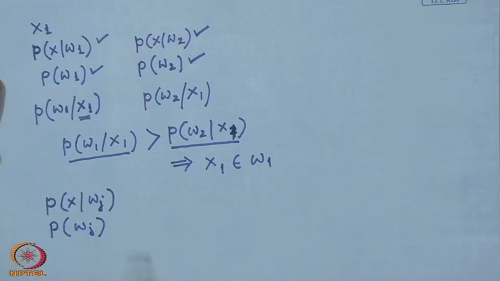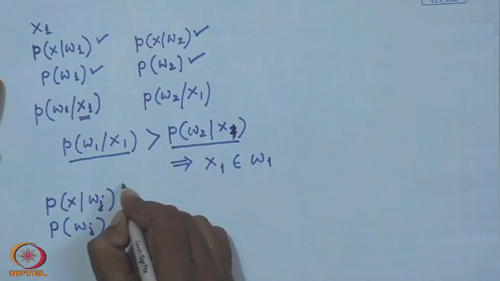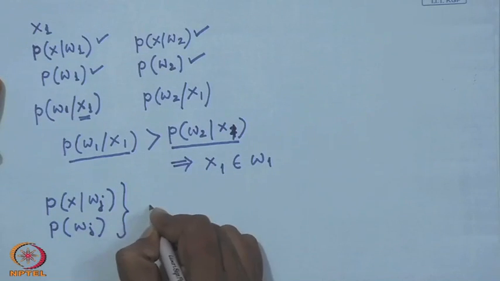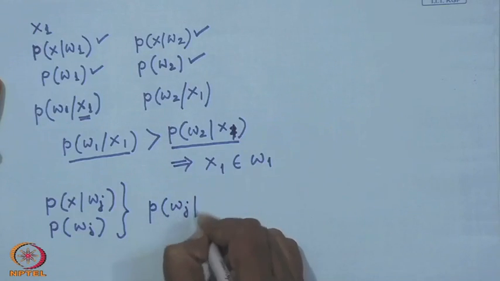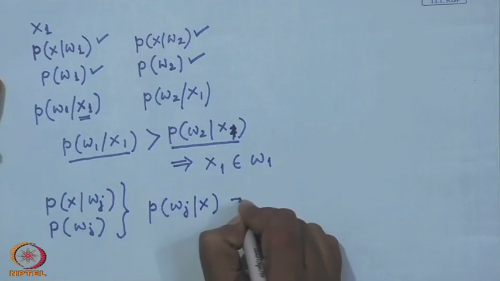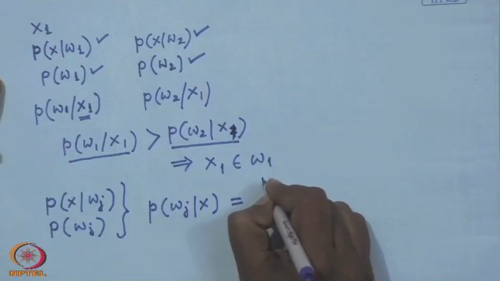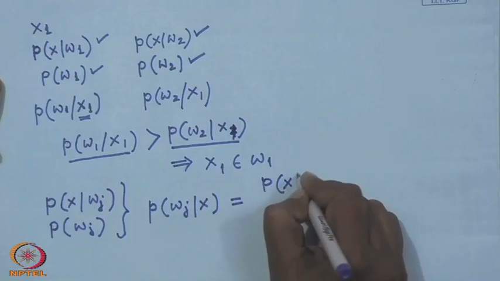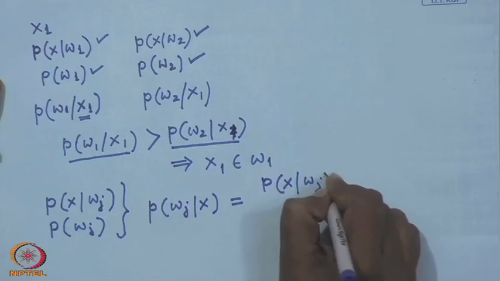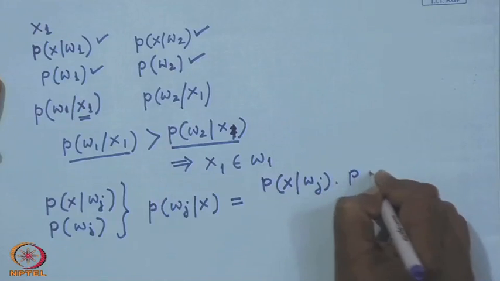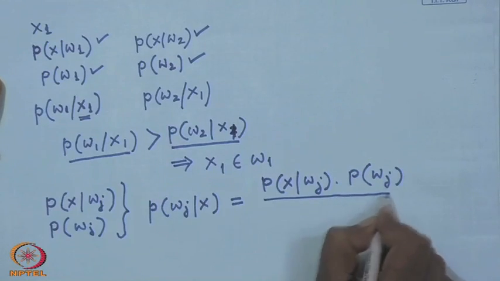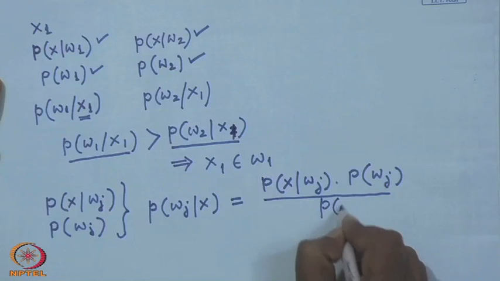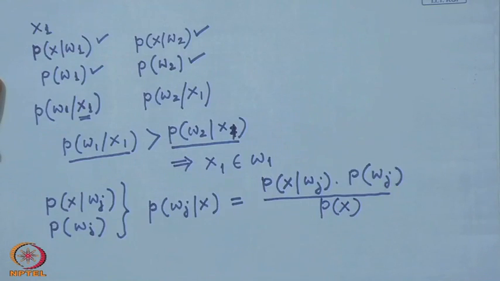From these two I can compute the a posteriori probability p of omega j given x, which is nothing but p of x given omega j into the a priori probability p of omega j upon p of x, or probability of x.